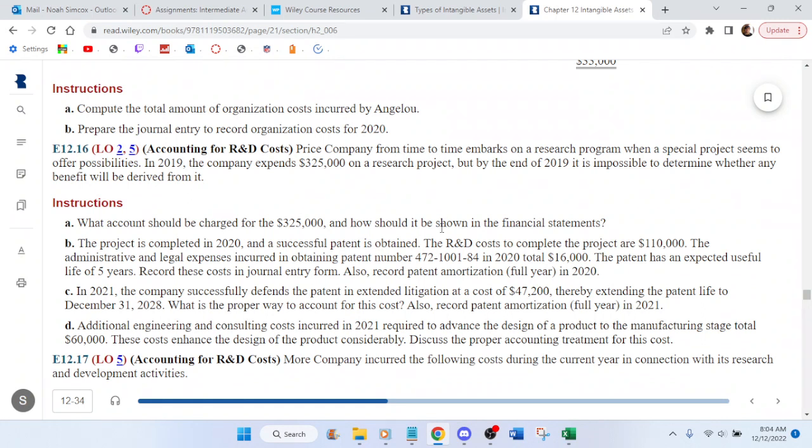And then for amortization, it's going to be kind of hard because first of all, you need to add 47,200 to the carrying amount, and the carrying amount is 16,000 minus the previous amortization. So you add those two numbers, and then you have 2021 through 2028. So it's going to be 8 years.